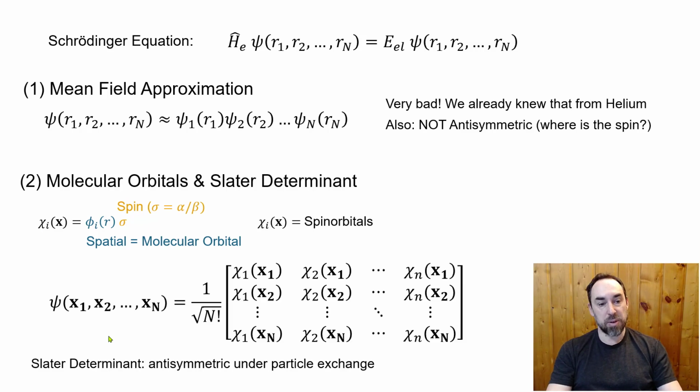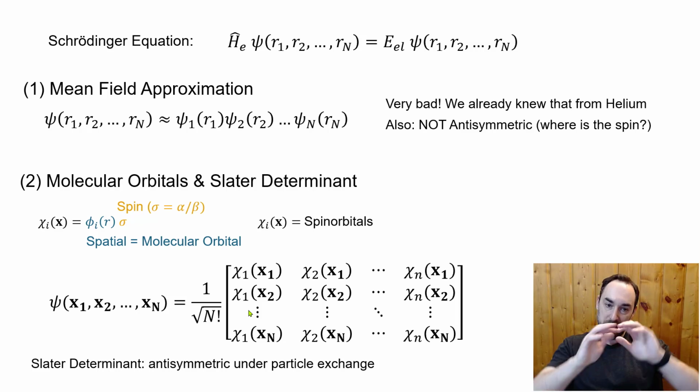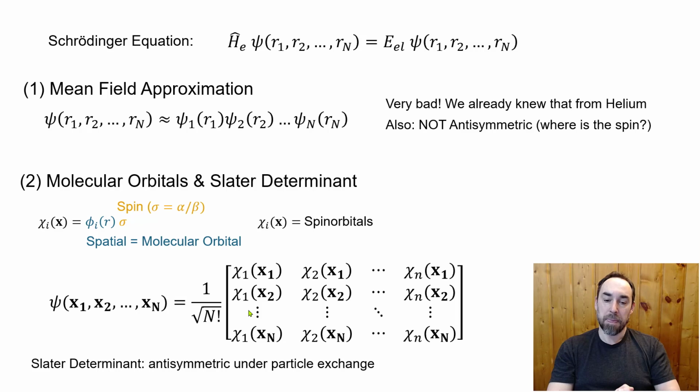And we need that so we can write our wave function as a Slater determinant of spin orbitals of all of these electrons, so that we can antisymmetrize the wave function upon the exchange of two electrons. So as long as we keep in the back of our mind that we need to have this Slater determinant on our side to describe this property of the wave function, then we're good.